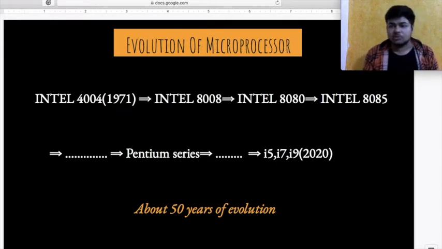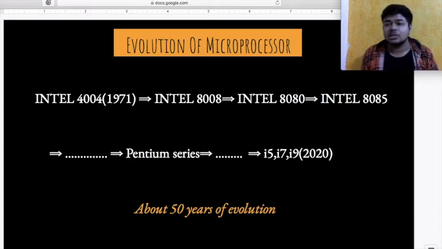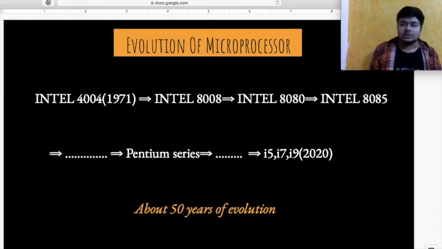Also, we cannot learn i5, i7, i9 processors directly. So first we learn 8085 or processors like 8086, and then we move on to i5, i7, i9, which is much harder. But the basic concept remains the same: the processor fetches, decodes, and executes.